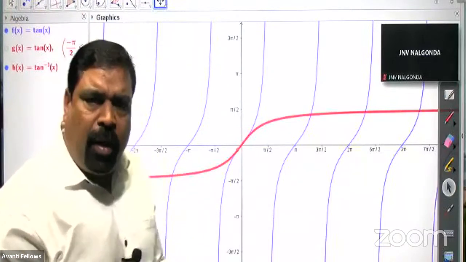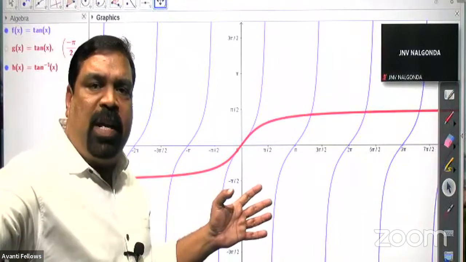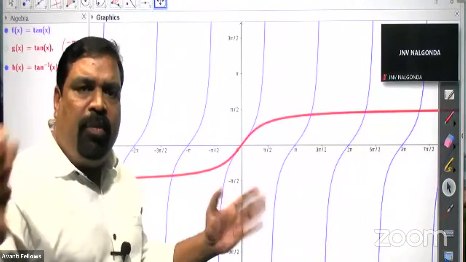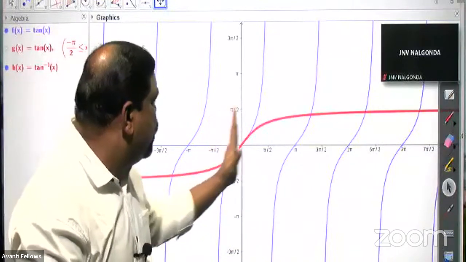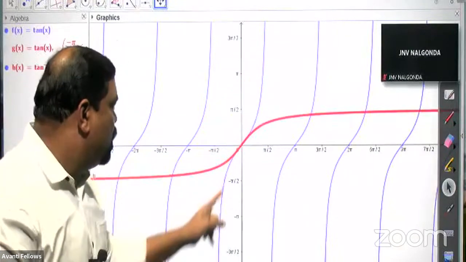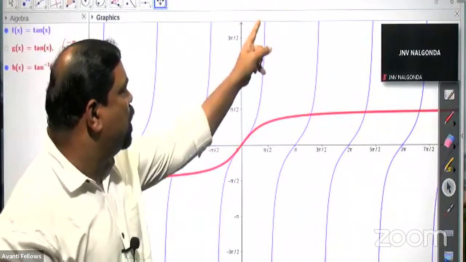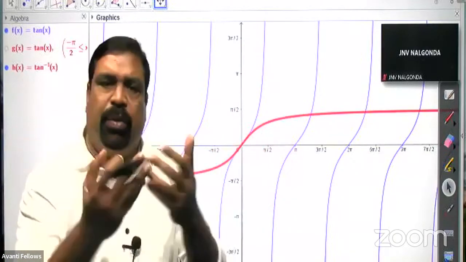So very clearly it is not one-one if you take the whole real numbers as the domain. So what do we do? We restrict it to only minus pi by 2 to plus pi by 2. We take only one branch, the graph that is passing through the origin, and we remove all the remaining portions.